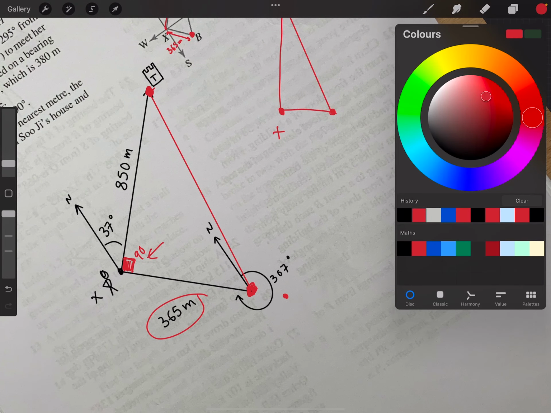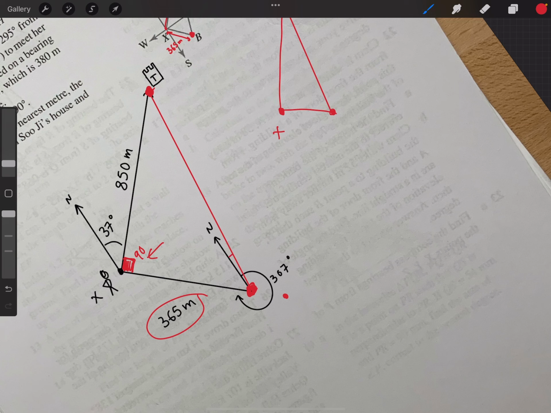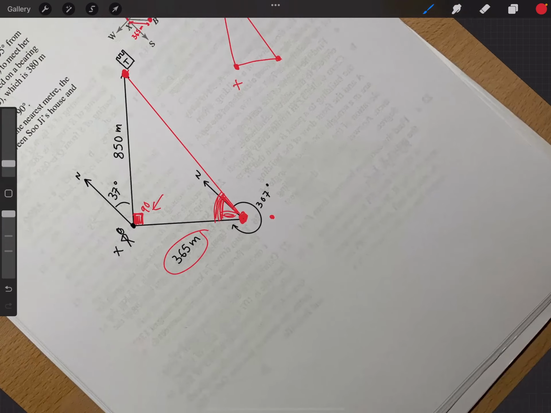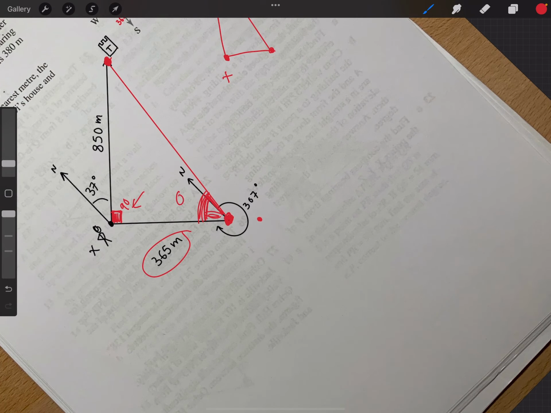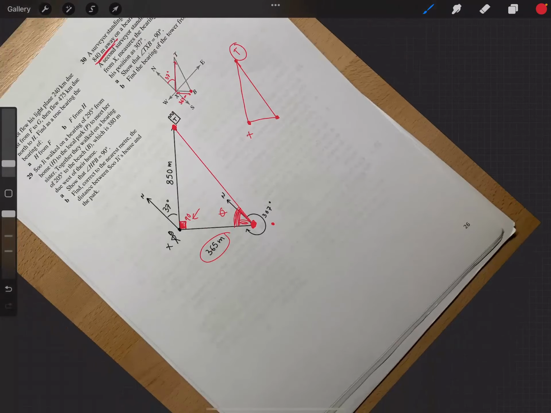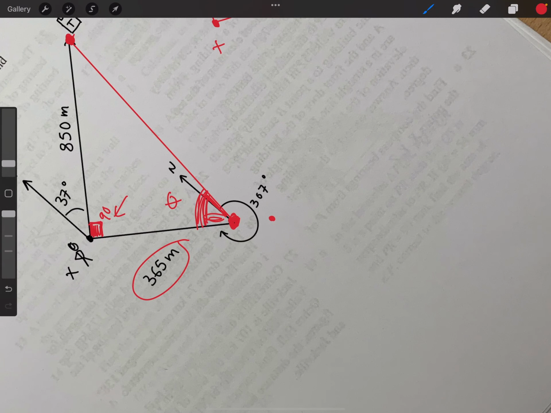Now we need to find this angle here. How do we find this angle? Let's call this angle theta. If you look at the triangle, you can see that for angle theta there's opposite and adjacent. Opposite over adjacent, that's the tan ratio. So tan of theta is equal to opposite, which is 850, over adjacent, which is 365.